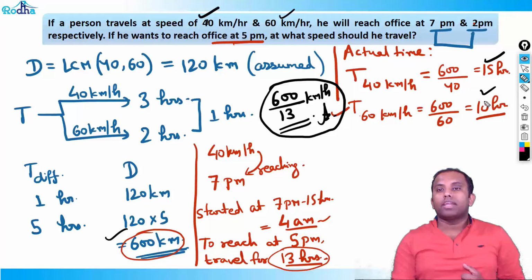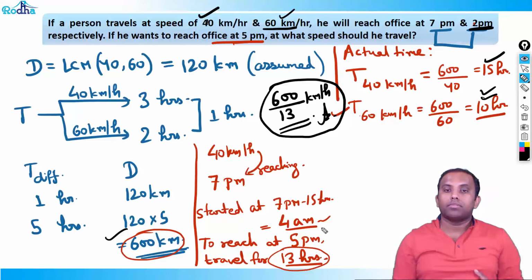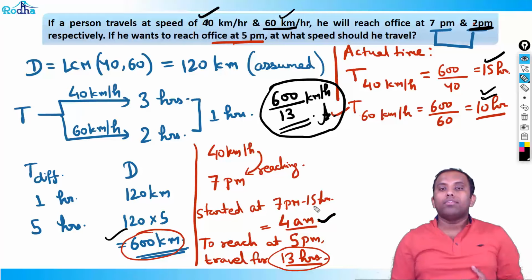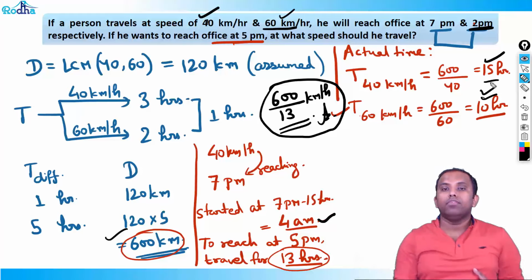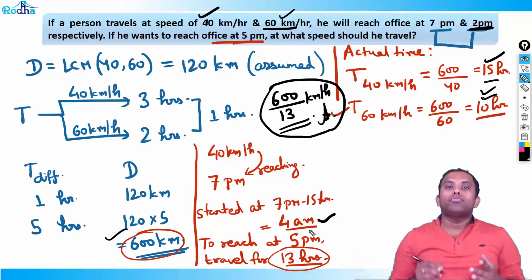Suppose I take this 10 hours. He must have started 10 hours before 2 p.m., since at 60 he reaches at 2 p.m. So 2 p.m. minus 10 hours is 4 a.m. Or 7 p.m. minus 15 hours, again 4 a.m. That means he starts from his home at 4 a.m.